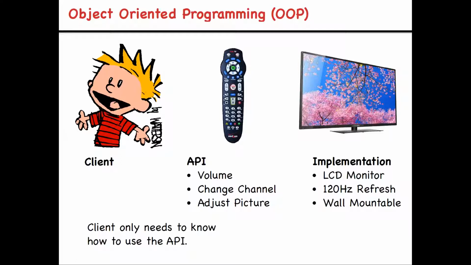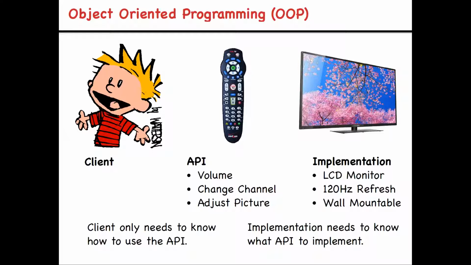Now, the manufacturer of the TV, the one who implemented the TV, needs to know what API to implement. You wouldn't buy a TV where you weren't able to change the volume. So they need to make sure that as part of their process of making the TV, they have a way for the volume to be adjusted. So the implementer, back to the coding idea, the one who is coding all of these classes, should know what API to implement, should know what people are going to need if they want to use their class.